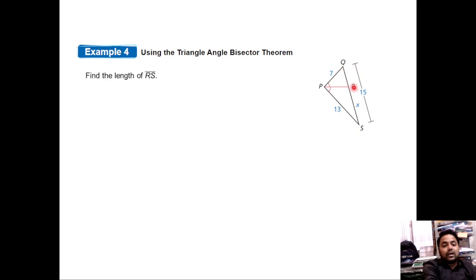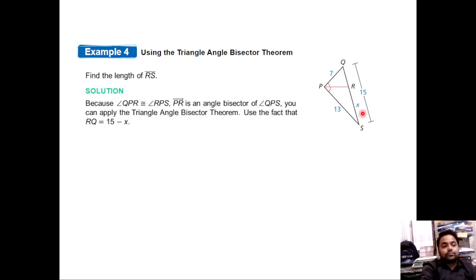Then angle QPR is equal to angle RPS. Because angle QPR is congruent to angle RPS and PR is an angle bisector of triangle QPS, you can apply the triangle angle bisector theorem.